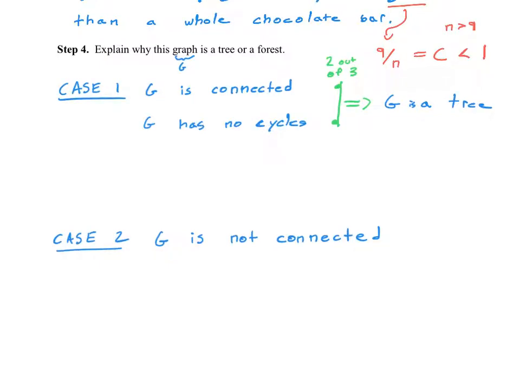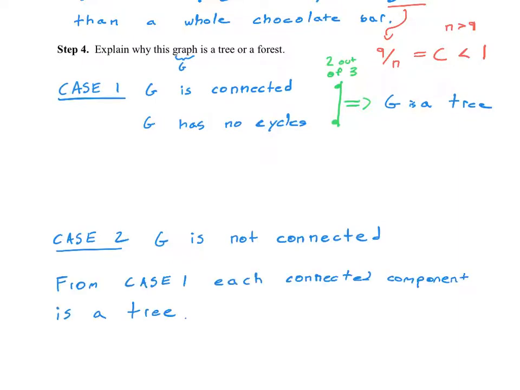Okay, in the other case, G is not connected. Here, let's look at each connected component. So each connected component, by case 1, we've talked about a connected graph. Each connected component is indeed a connected graph, and the whole graph has no cycles, so we discovered that each connected component is also a tree.